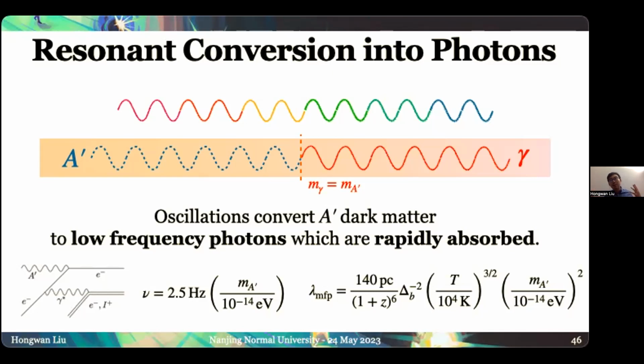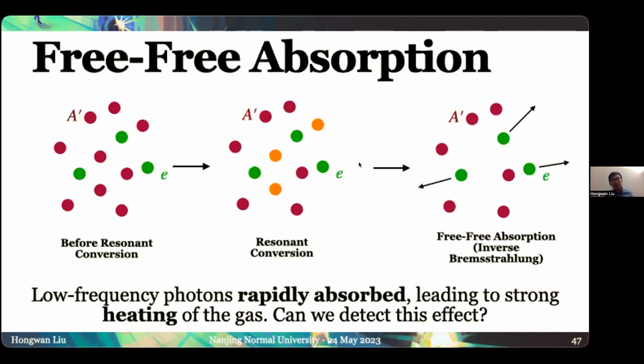And if you ask what happens to these photons when they are emitted, well, they're actually absorbed very rapidly in a process called free absorption. So the picture that you should have in mind is, before resonant conversion, you have a bunch of dark photon dark matter particles, in purple, sitting around in a baryon gas that has some free electrons that give it some plasma mass.